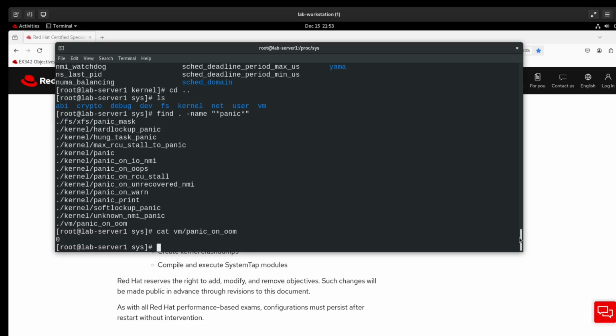Let's say we have an objective that we want a crash dump to be taken if we get into the out of memory condition. So instead of OOMD trying to kill processes and such, we want to say, nope, just crash the system and we'll get the crash dump and figure out what's going on. We will set that to 1.